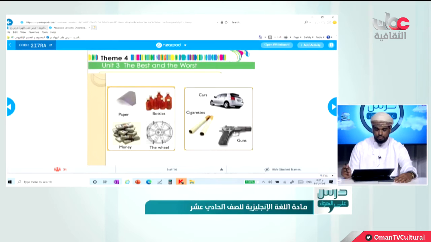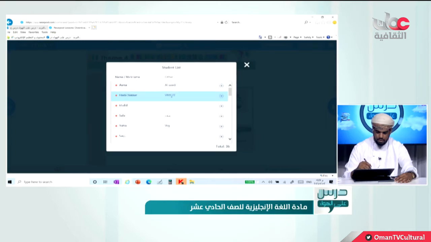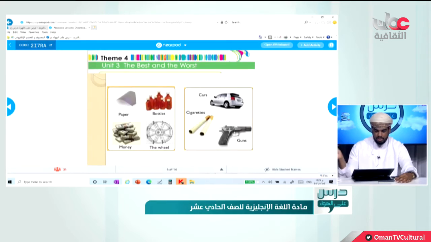So the writer here listed the most helpful ones and also listed the most harmful inventions in the world. He chose paper. If you can see the text in your course book, he talked about the writing system and the papers, so we can write them. Also, he mentioned medicines as helpful inventions.